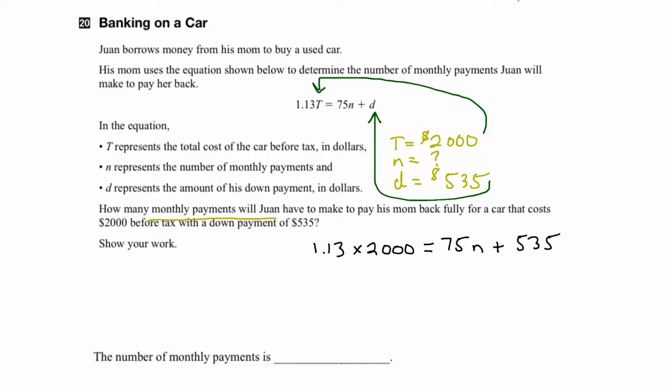Okay, so 1.13 times 2,000 is 2,260 equals 75N plus 535. Now we want to get 75N all by itself, so we get rid of the 535. So to do that, we have to subtract 535 from both sides.